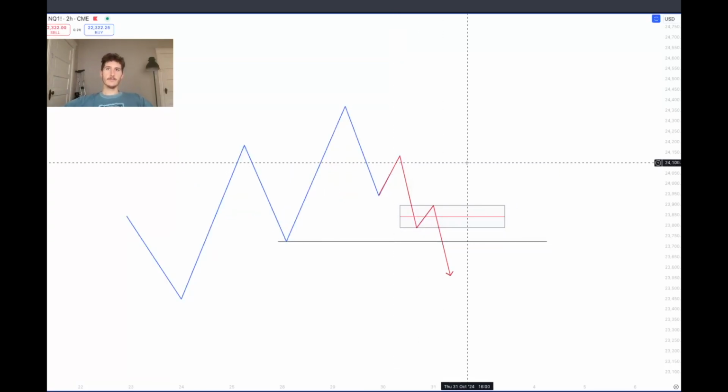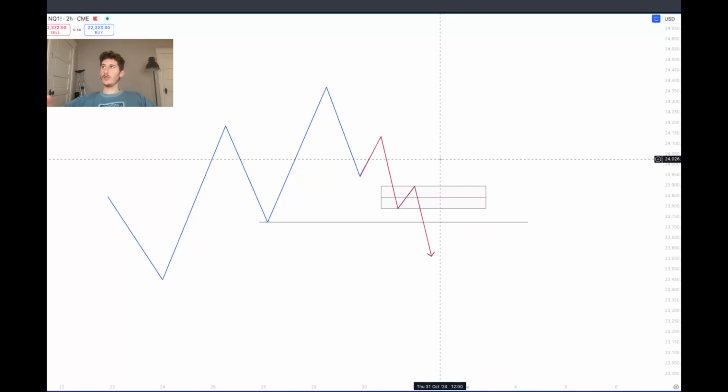Just like this. So how do you trade it? How am I currently trading it and forward testing it in some scenarios, actually trading it in other scenarios?